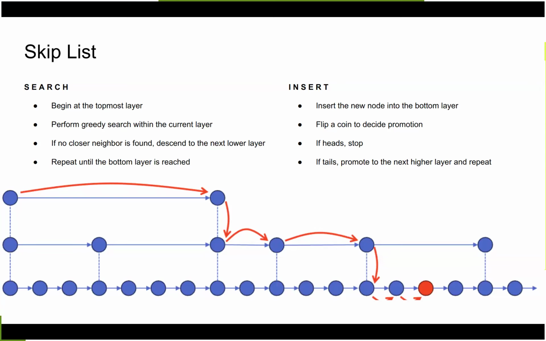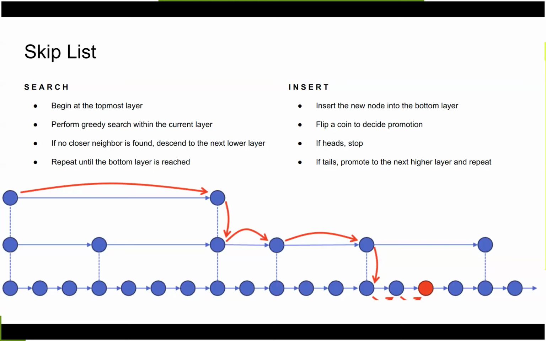The bottom layer is basically a sorted list. That's it. A sorted list consisting of all of the values that you want to store in your database. Right now, I'm not talking about multi-dimensional data. Skip list is something for one-dimensional data, simple float or integer. Okay, so the bottom layer is basically a sorted list.